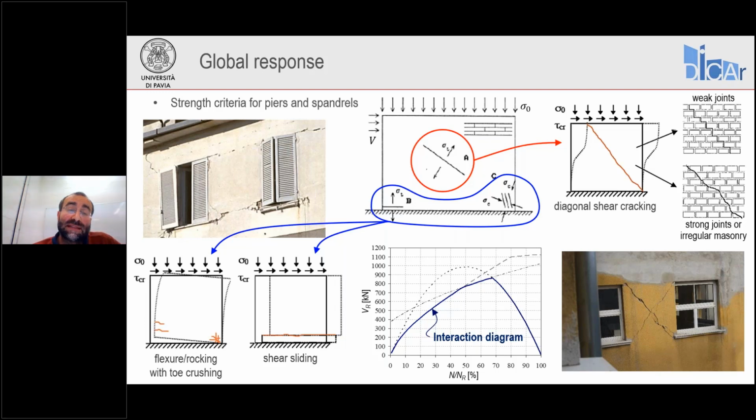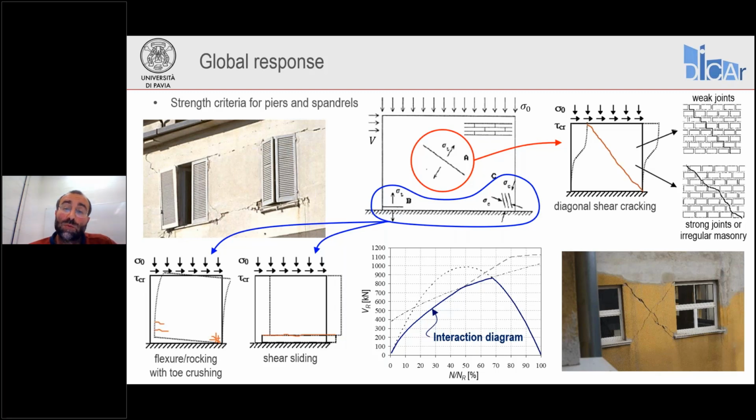This usually happens within the panel, pier or spandrel. And depending on the type of masonry and on the strength of the joint, we may have stair-step cracks within weak joints, or cracks cutting through the masonry units if we have strong joints compared to the unit strength, or if we have irregular masonry.